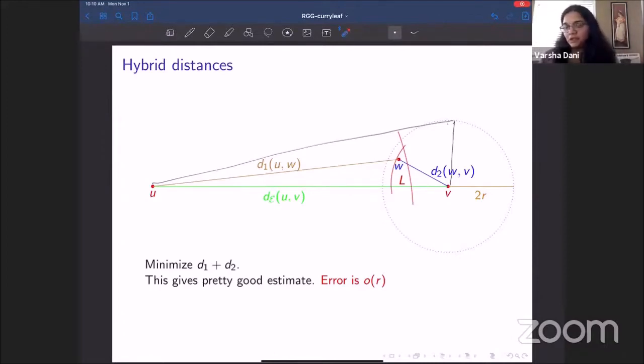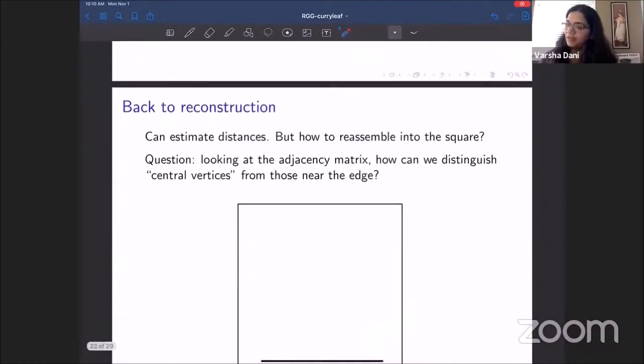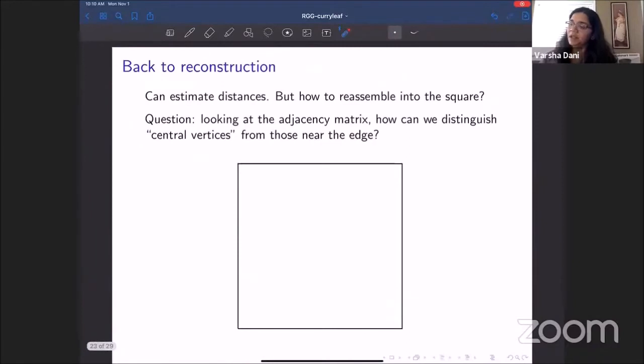Okay, so that tells us how to estimate distances. So back to reconstruction. We can estimate distances, but how do we reassemble all of this back into a square?